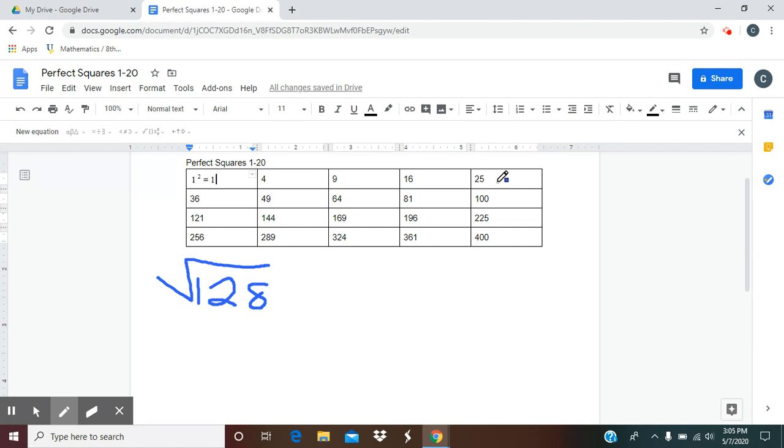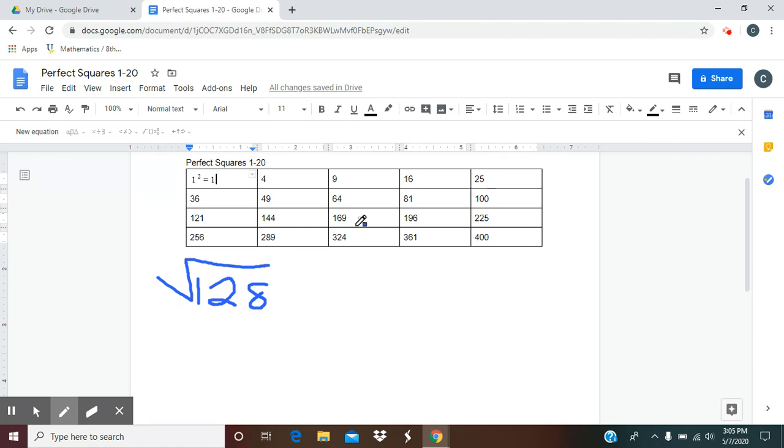If I do 128 divided by 25, that does not work. 128 divided by 36, that does not work. 128 divided by 49, nope. 128 divided by 64. There we go.